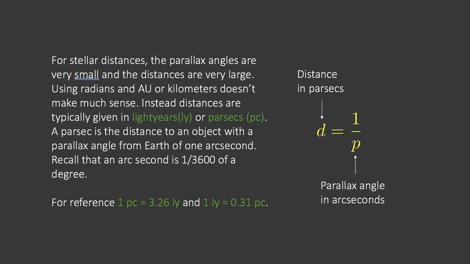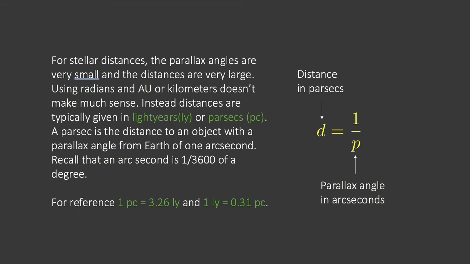So let me say that again. If a star has a parallax angle of 1 arcsecond, its distance is exactly 1 parsec away. Okay, so what is an arcsecond? An arcsecond is 1/3600th of a degree. And so that's the idea of a parsec.